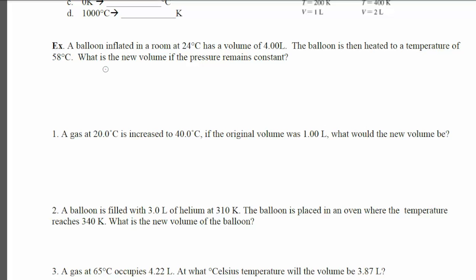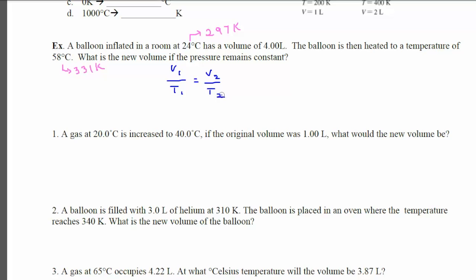The important thing to remember is that I need to convert each of these temperatures to Kelvin first. So I need to add 273, so this becomes 297 Kelvin, and this becomes 331 Kelvin. All right, now we can just plug in our values and get our answer. The formula for Charles' law is V1 over T1 equals V2 over T2.